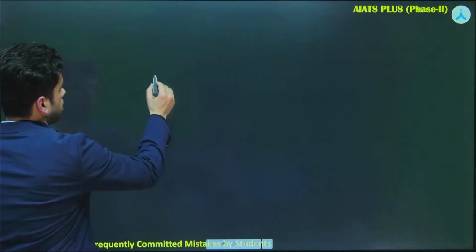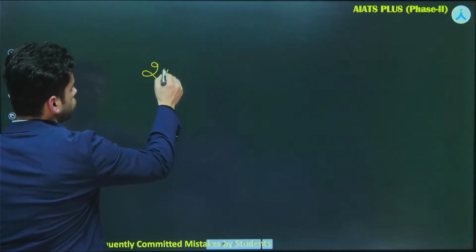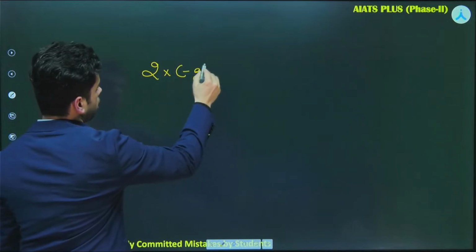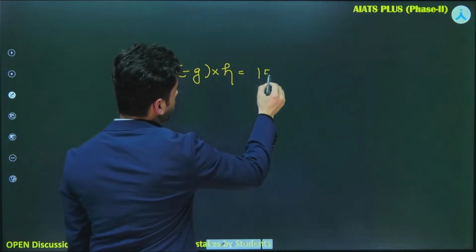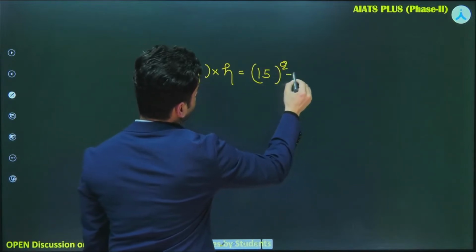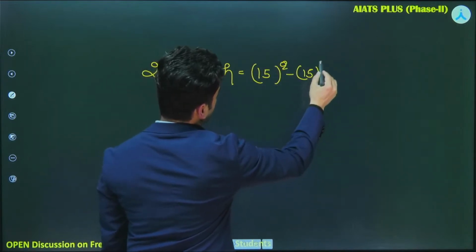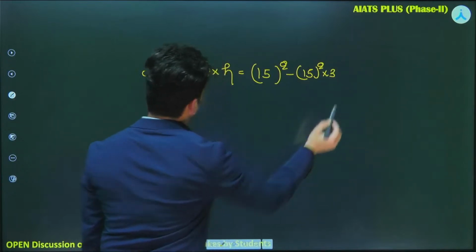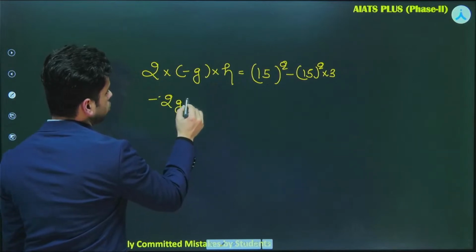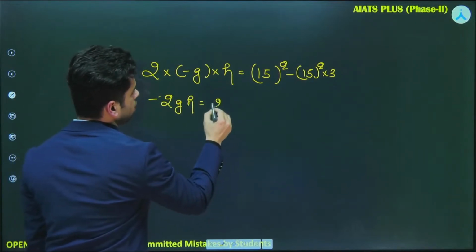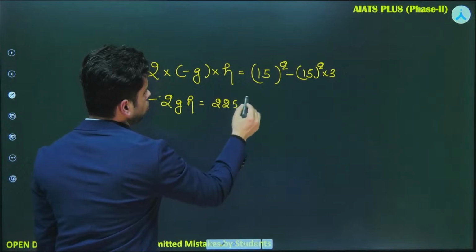So this will become 2 into minus g into h, it is equal to 15 square minus 15 square into root 3 square, that is 3. So I can write that minus 2gh, it is equal to 225 into minus 2.